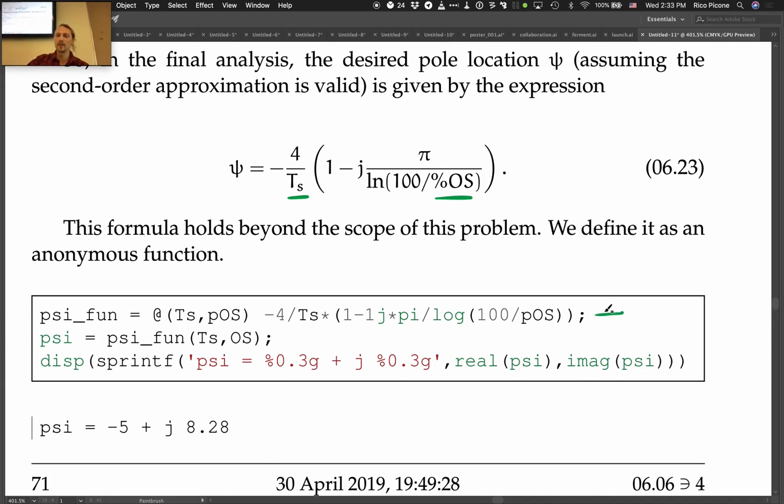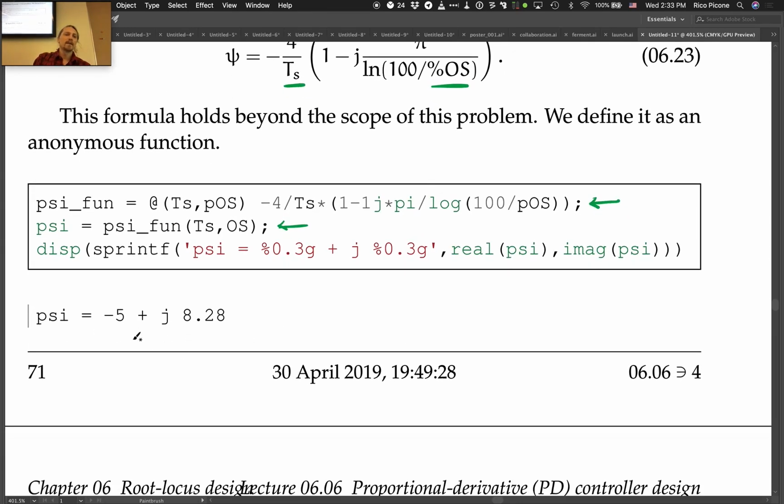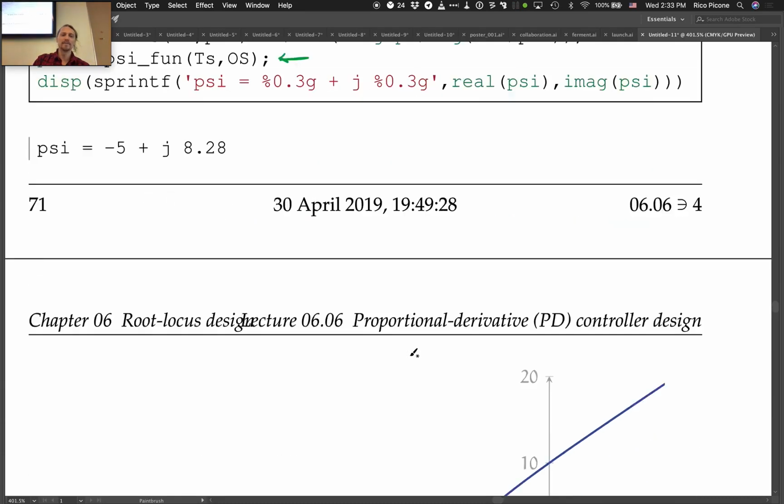So this is just equation 6.23 written in MATLAB anonymous function form. And then we evaluate the function for the specs that we were given, and it tells us that our psi, our desired closed loop pole location, is -5 plus j8.28. Cool, right? That's where we want to be.